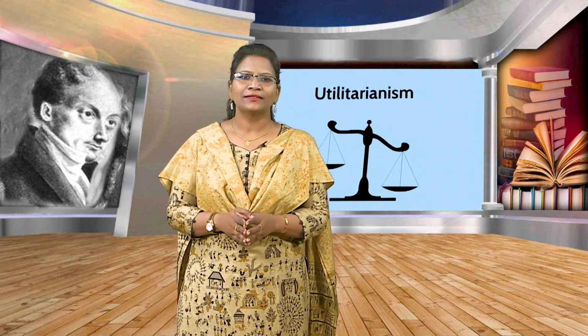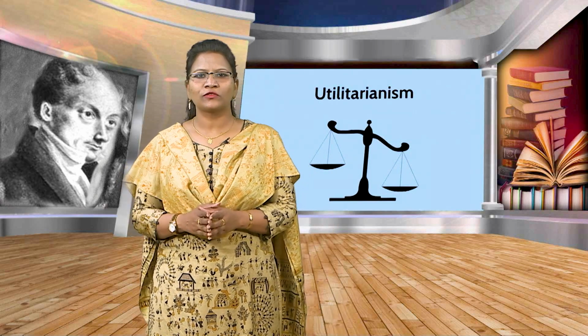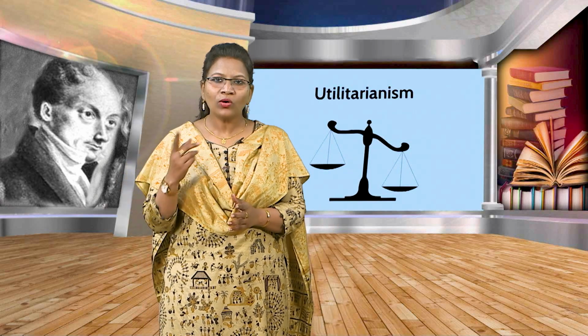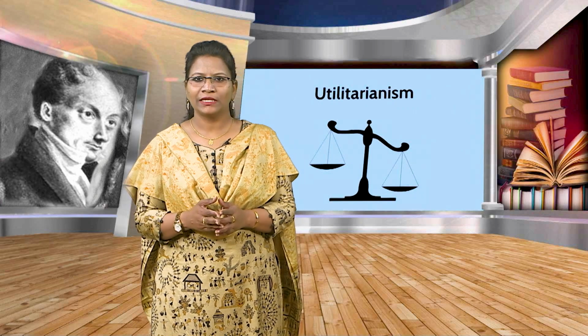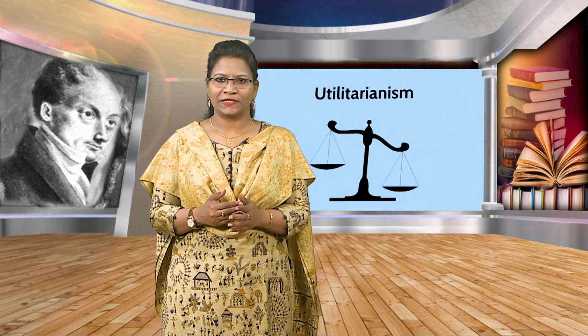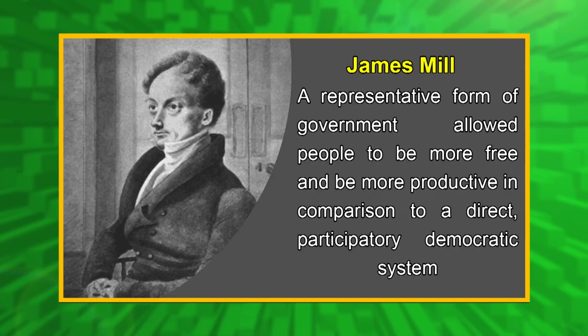This increased the overall utility of society as more citizens can be involved in productive activities of their choice. Thus, according to James Mill, a representative form of government allowed people to be more free and be more productive in comparison to a direct participatory democratic system.